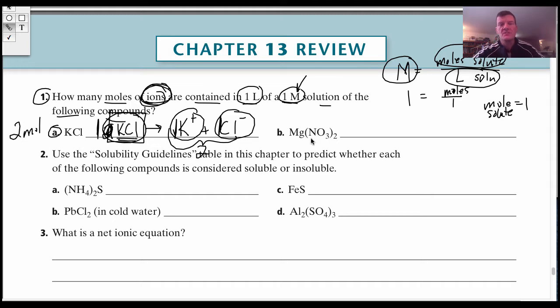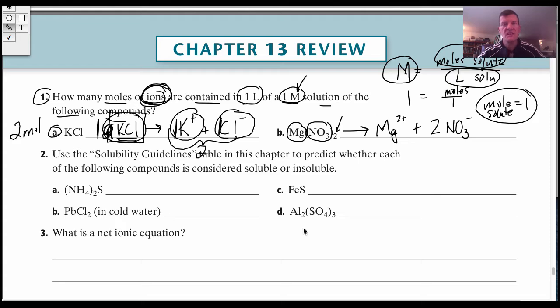Okay? Let's go to this one. Magnesium nitrate, again, if I have a mole of the compound, this is going to break apart into what? Magnesium ion, which is a 2 plus, and notice this 2 right here, 2 of these polyatomic ions. That's the polyatomic ion nitrate. So you can get 2 of those. That's a charge of -1.